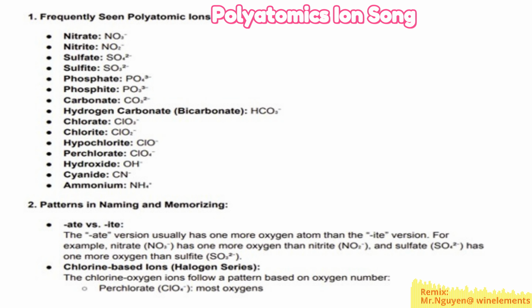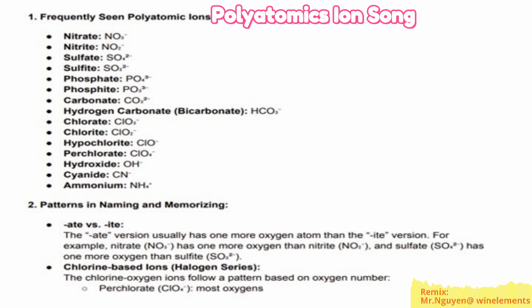Take nitrate, NO3 negative, it's clear to see. One nitrogen, three oxygens, negativity. Covalent bonds hold them tight, sharing electrons, they feel just right. Their charge, a net that's plain to see, like SO4 2 negative or NH4 positive with glee.